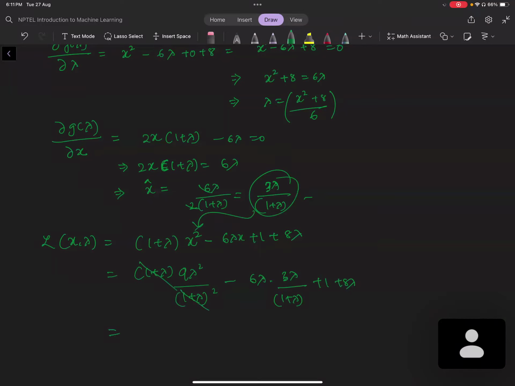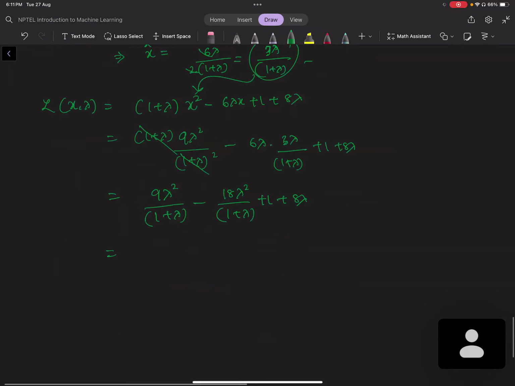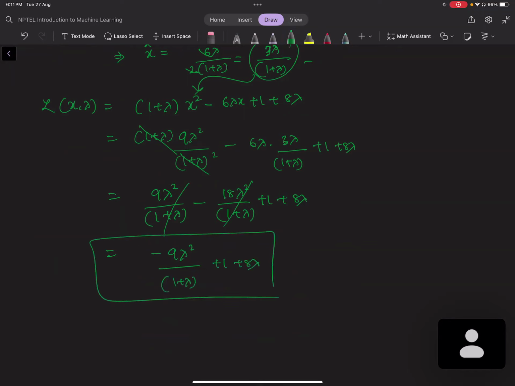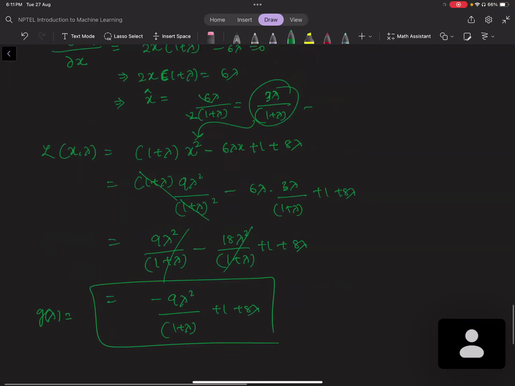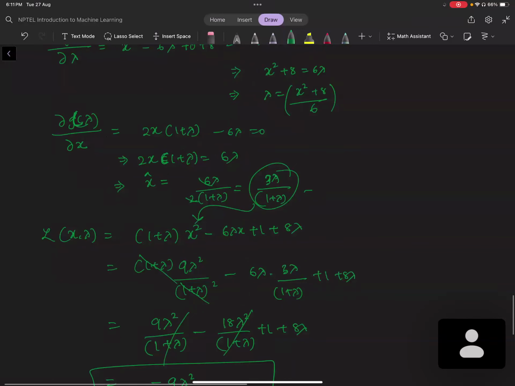We forgot to cancel this last time. So that's 9λ²/(1 + λ) − 18λ²/(1 + λ) + 1 + 8λ, which becomes −9λ²/(1 + λ) + 1 + 8λ. Sorry, this is not g of lambda, just L of lambda.